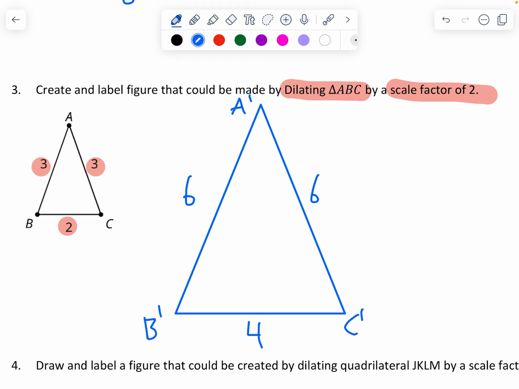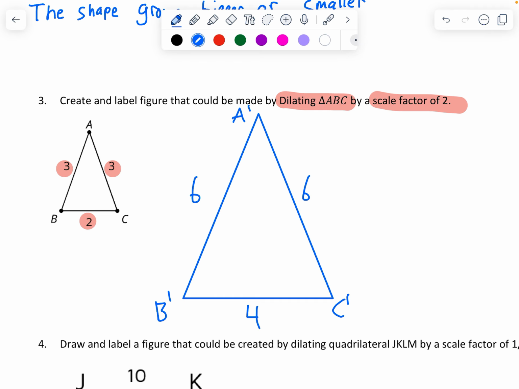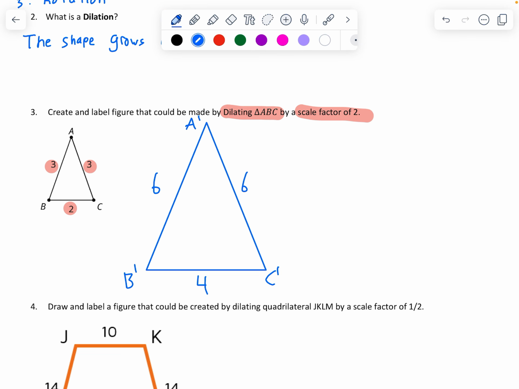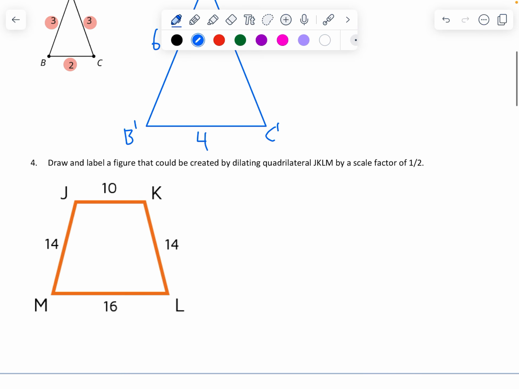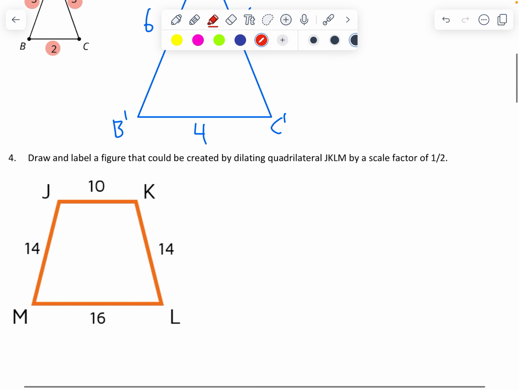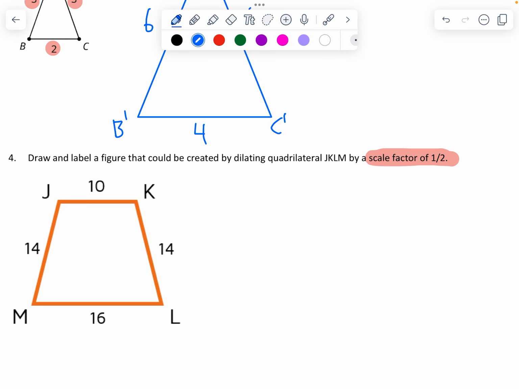So this is not very different than kind of what we were talking about all of last unit for part 1, okay? So you can shrink them too. So if the scale factor is less than 1, like here we have a scale factor of 1/2, that means that our shape is getting smaller, okay?